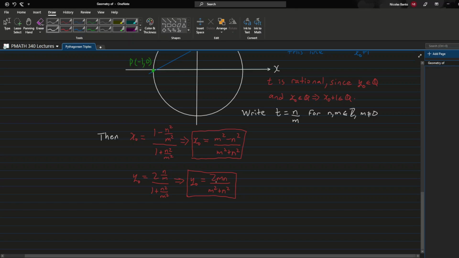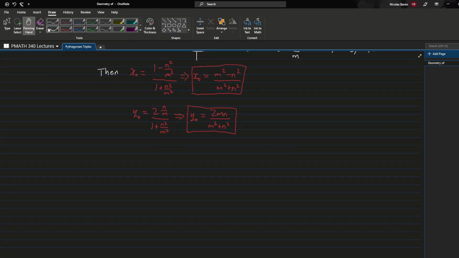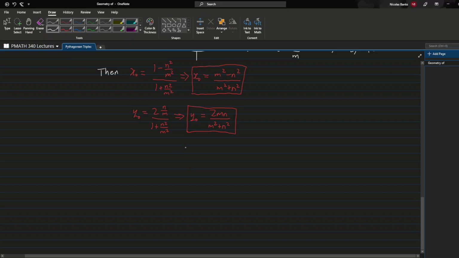So you might be able to see the punchline already, but just to be explicit, let's write it out. We wanted to get a Pythagorean triple out of the point x0, y0, a rational point on the unit circle. So how do we do that?